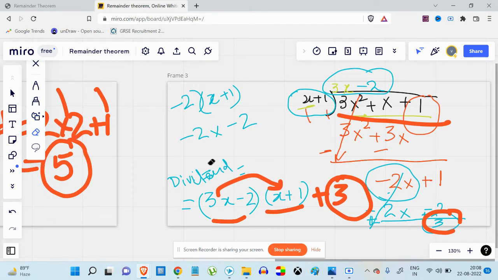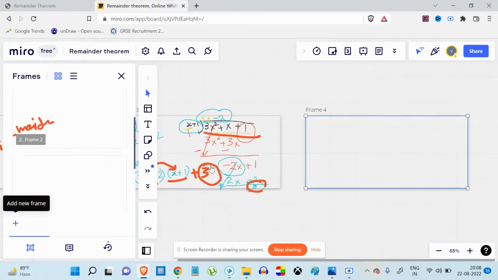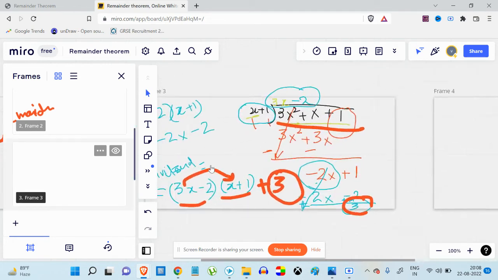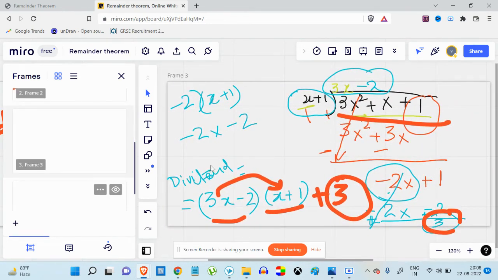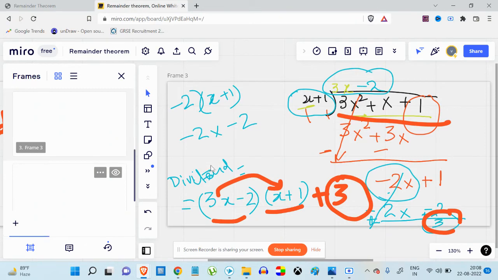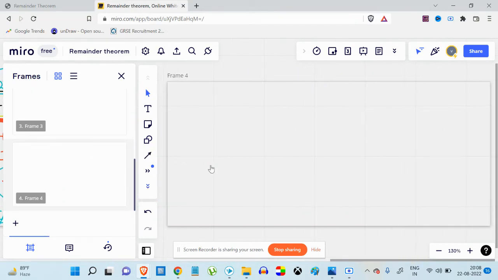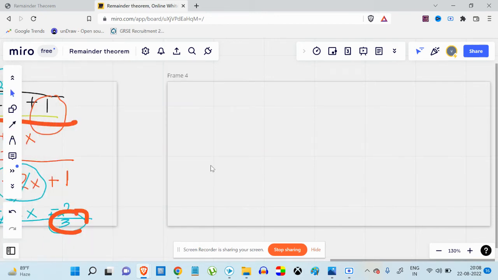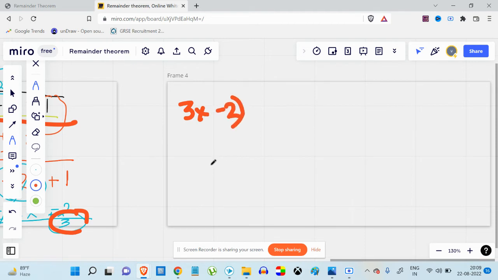Now what we have is 3x minus 2 as the quotient, the divisor is x plus 1, and what we got as the remainder is 3.